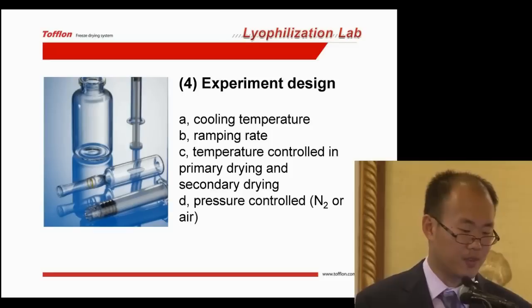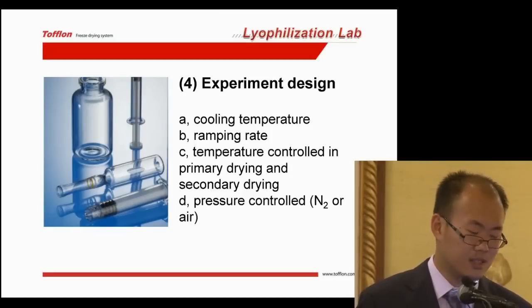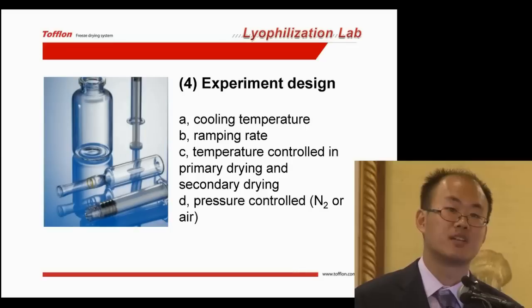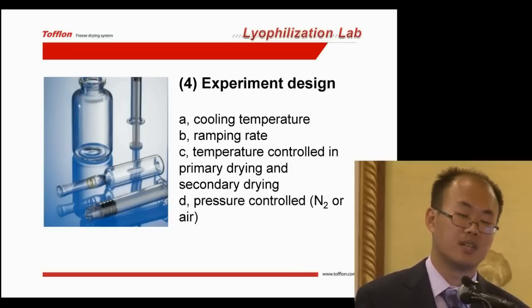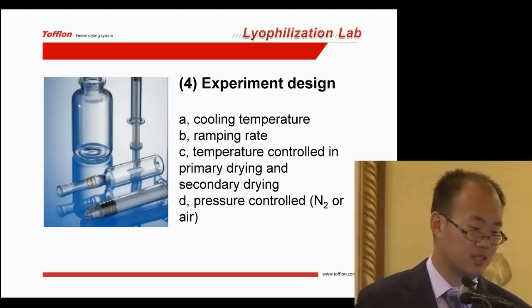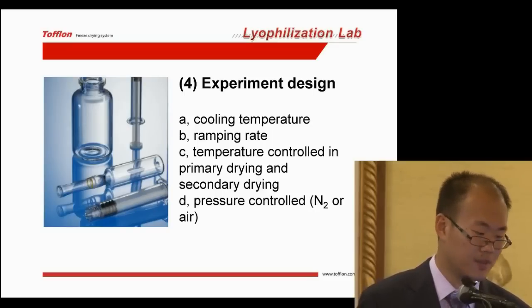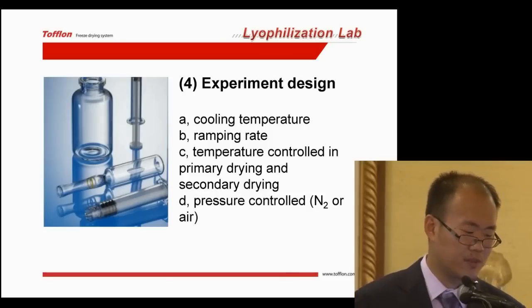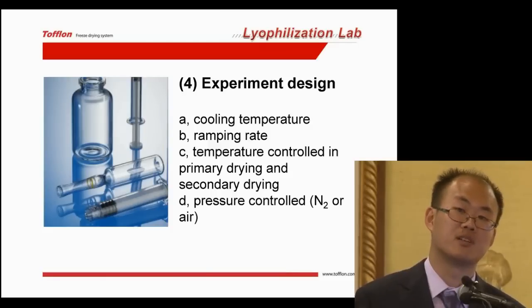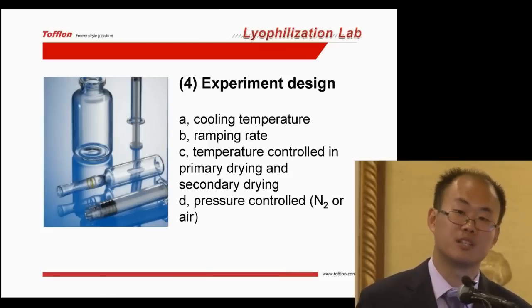Fast cooling usually gives us large crystals, and slow cooling will give us small crystals and a more uniform structure. That is the difference, so the ramping rate must be controlled. And the third one, temperature control in the primary drying and secondary drying, depends on the collapse temperature or the property of the drugs.